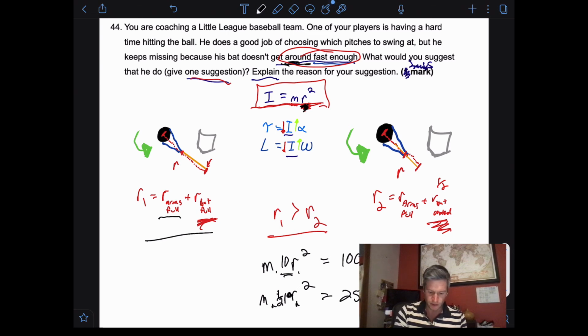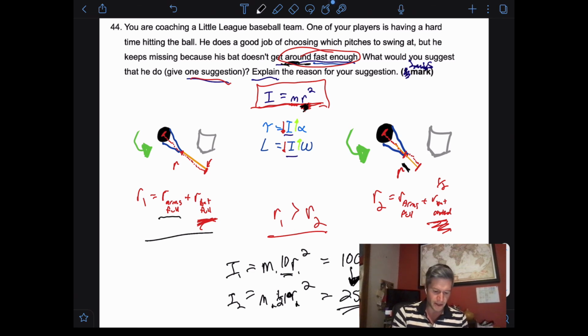So we can see by shortening the length of the bat, we've decreased the moment of inertia in scenario 2 by three quarters. Why is that important?